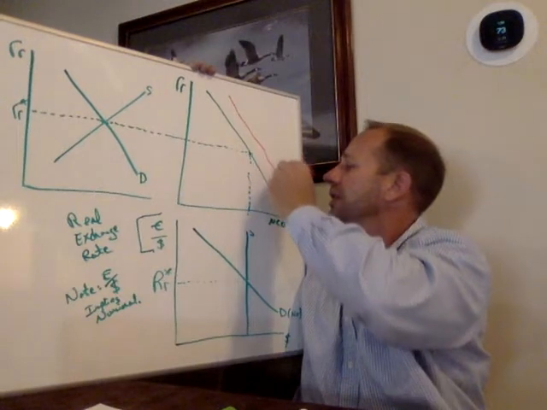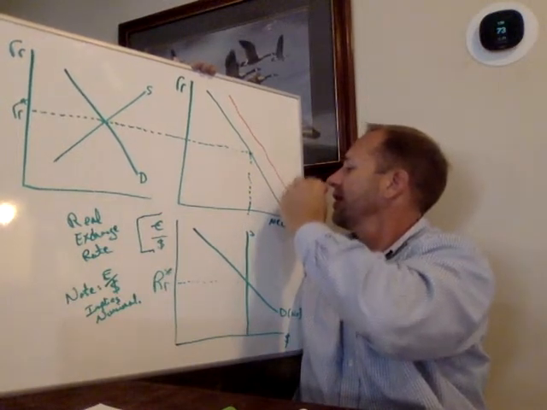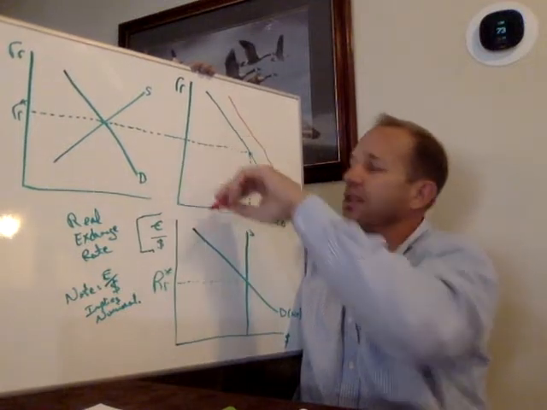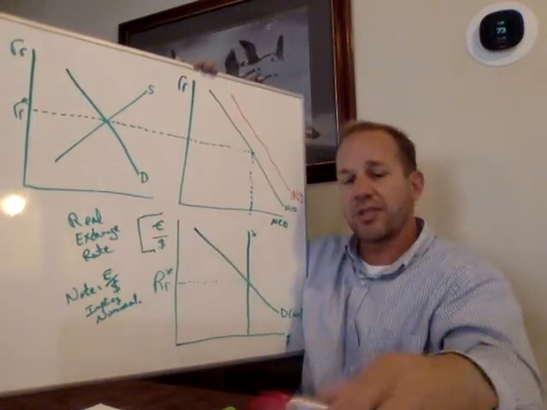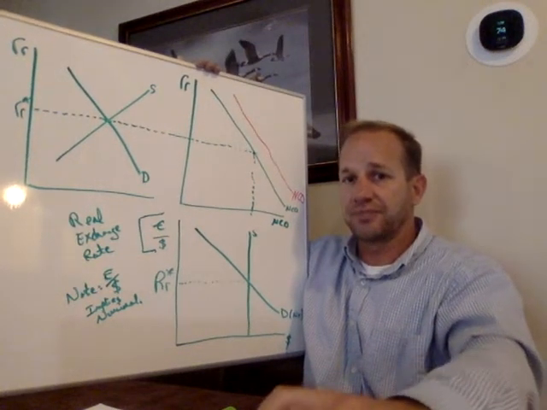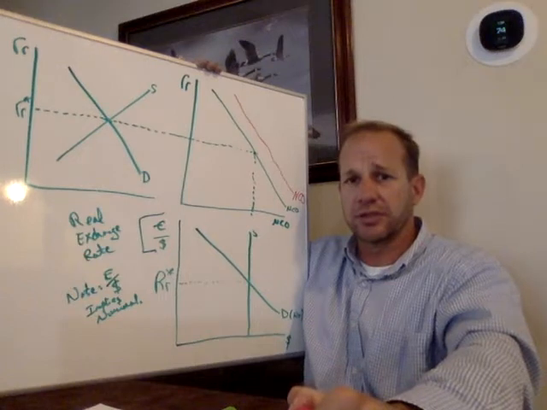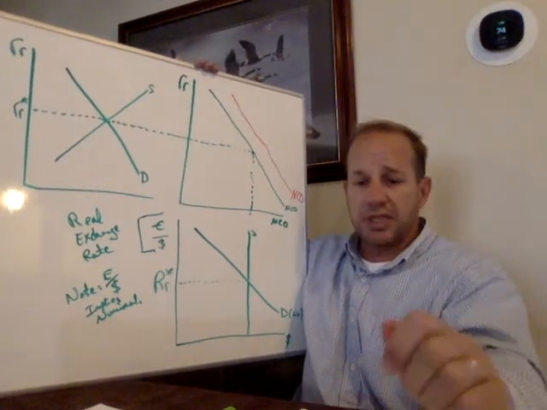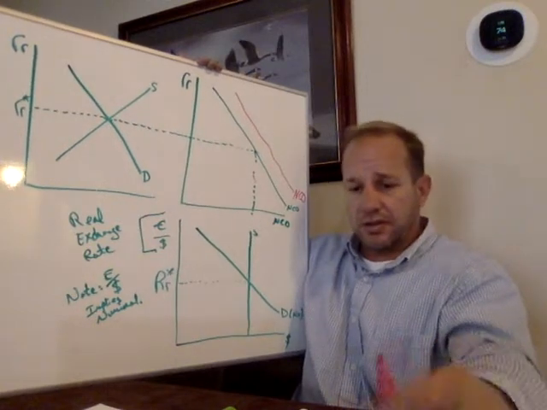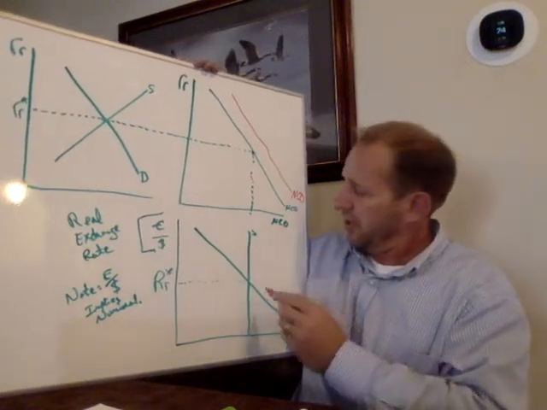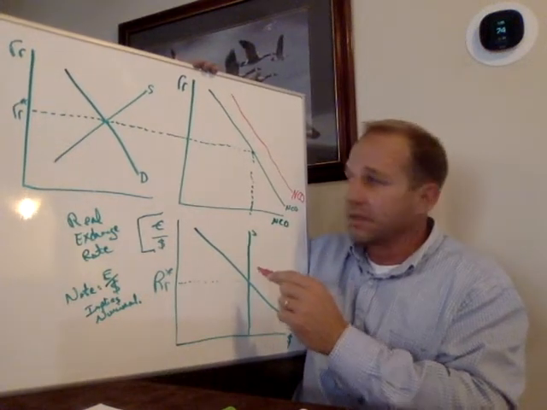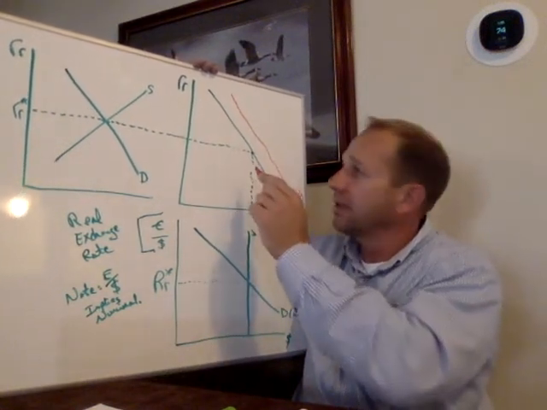And by the way, another way to look at this is this event is not being caused by a change in the real interest rate. It's being caused by something outside of the model. That's why this line is shifting and not a movement along the curve. Well, if that happens, I have to do two parts here.